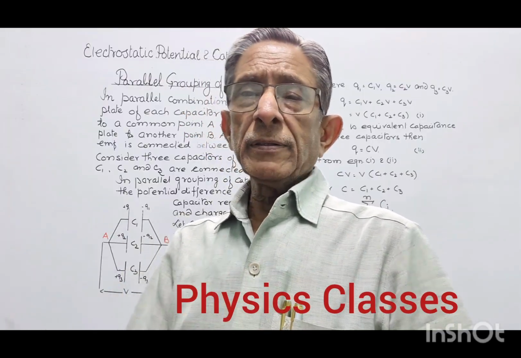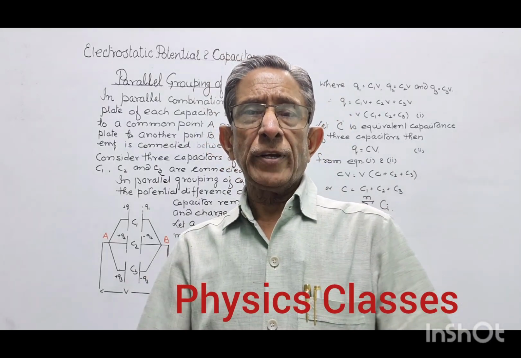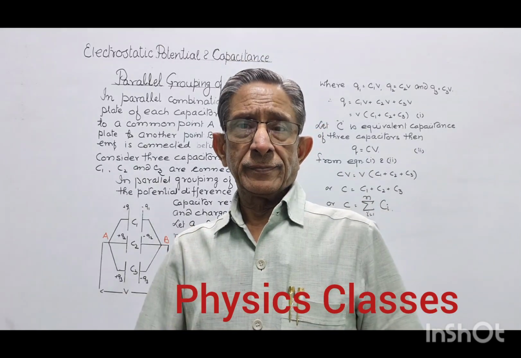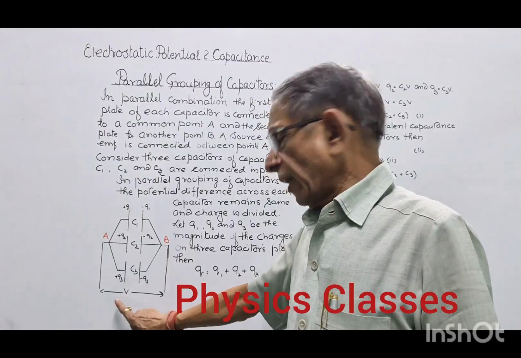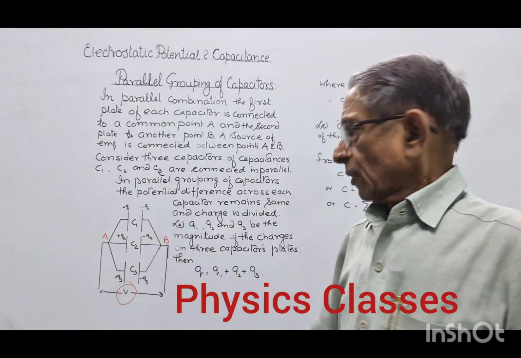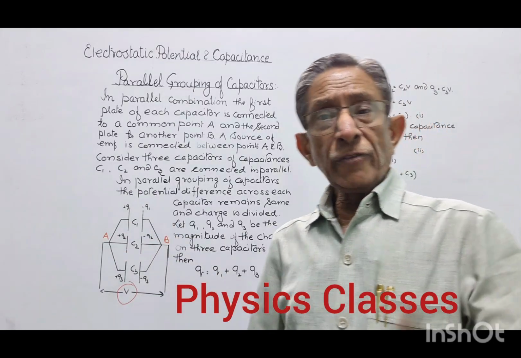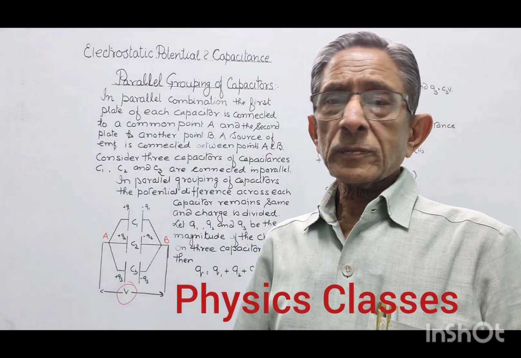In series grouping, the magnitude of charge on each plate was the same, potential difference was divided, but in parallel grouping, potential difference across each capacitor is the same, charge is divided. In series, charge is constant, but here charge is divided.